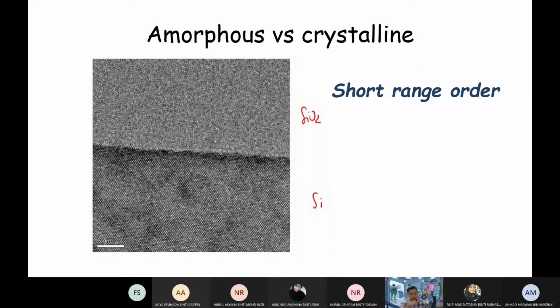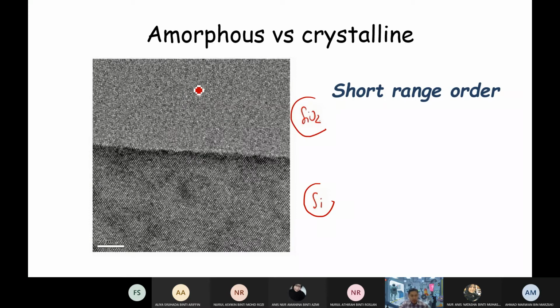Okay, now we have amorphous versus crystalline material. In the figure here, we can see the differences between a crystalline and an amorphous state. This would be an example of a transmission electron micrograph of a structure that is composed of silicon and silicon oxide.